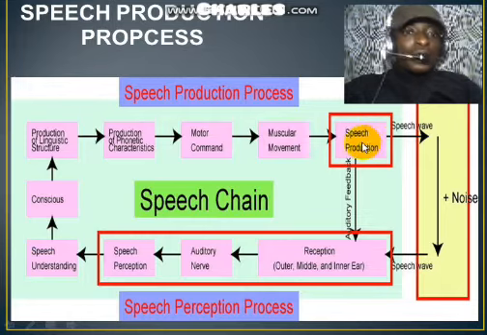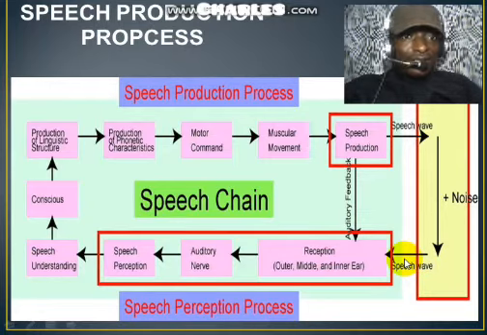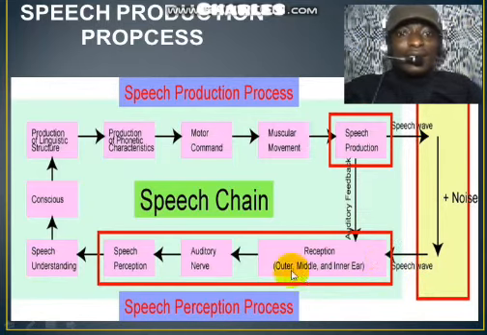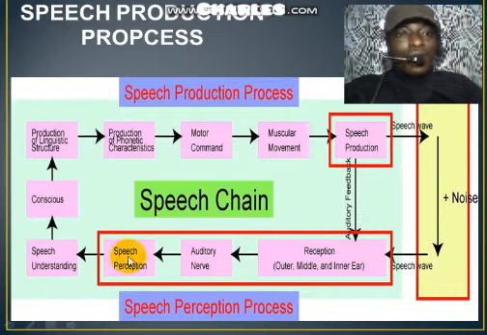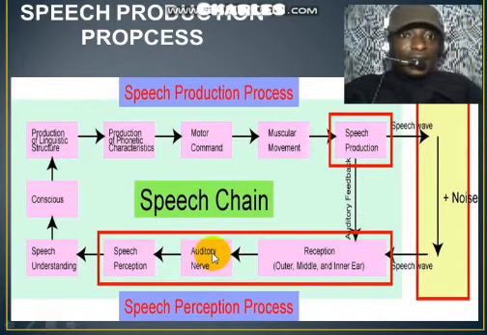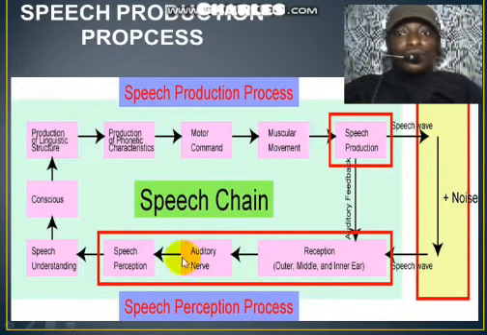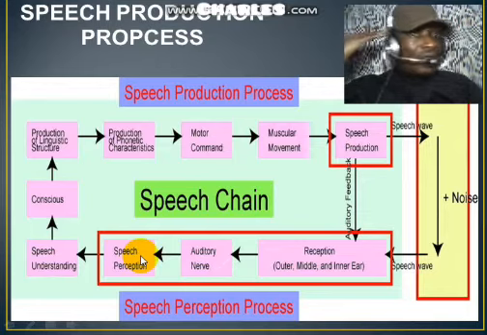Now, this speech goes in the form of waves to the receiver, to the ear of the receiver. Alright, when the speech wave enters the ear, it is transmitted to the auditory cortex via the auditory nerve. It is the auditory nerve that carries the speech wave to the receiver's auditory cortex.